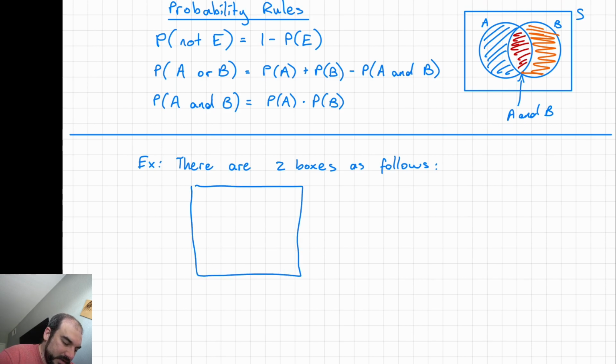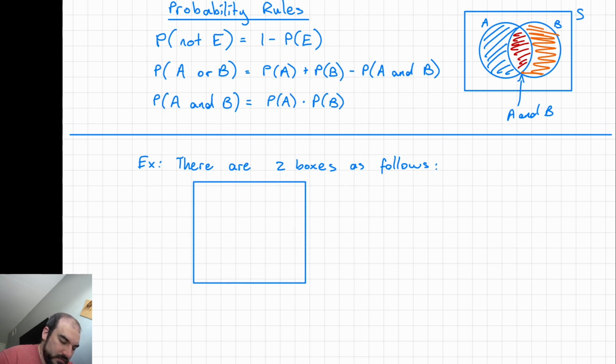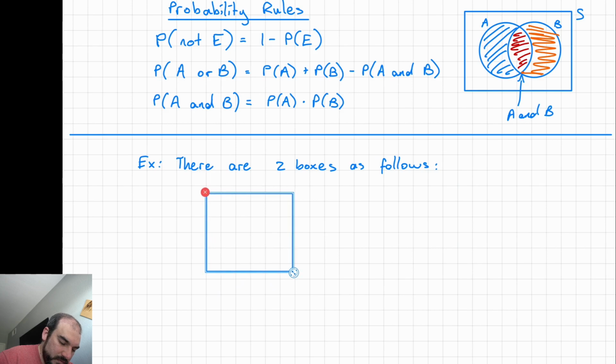There's one box. It's kind of big. There's a second box.